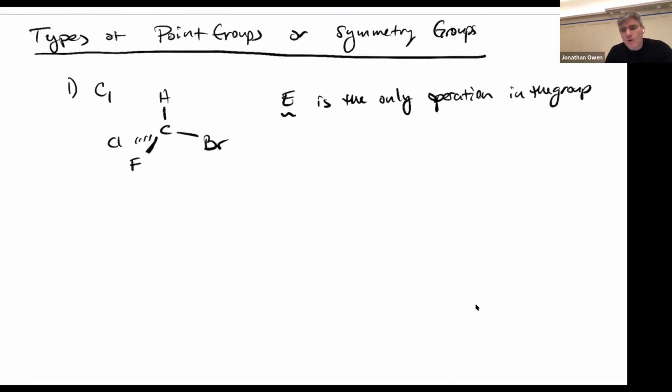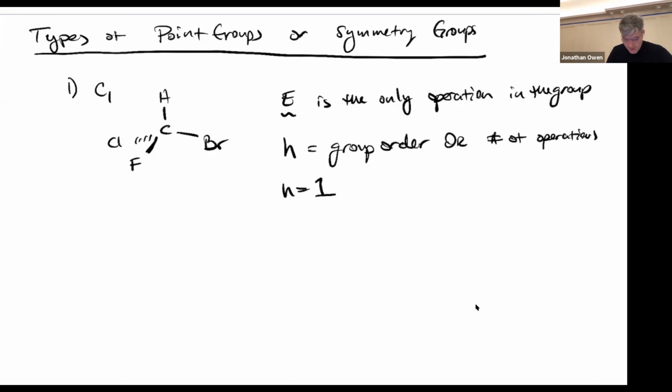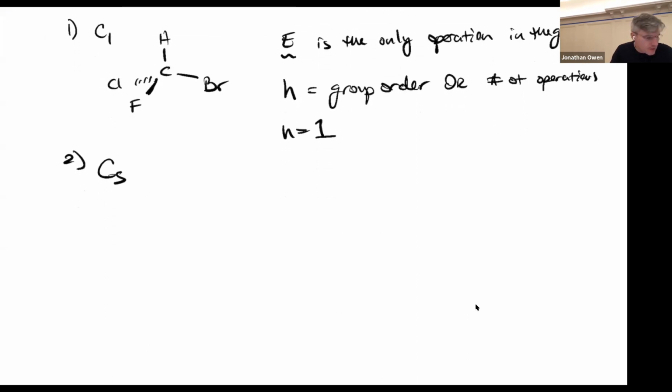People define an order. An order is just the number of symmetry operations in the group. So h equals the group order, or the number of operations. For this one, h equals 1. The next one is Cs. Cs only has a plane of symmetry.